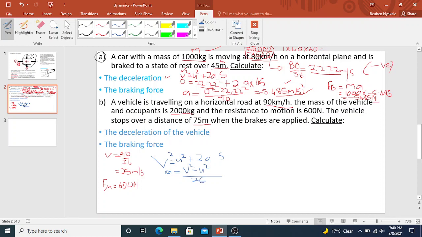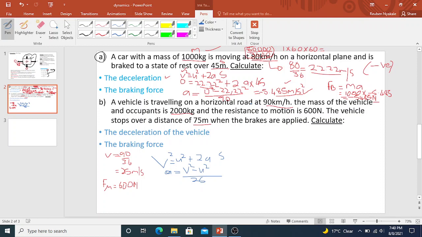Now check this. Let's analyze the given information properly so as to understand why V is 0. The given statement says a vehicle is traveling on a horizontal road at 90 kilometers per hour. Already this car is in motion. You can't say that's your final velocity. That's your initial velocity, the first speed that we are introduced to.